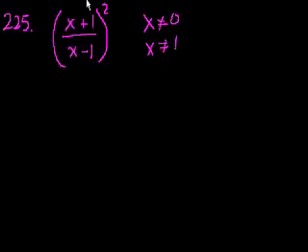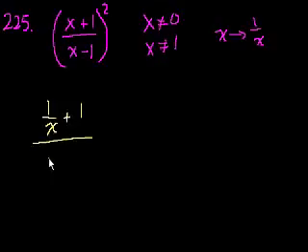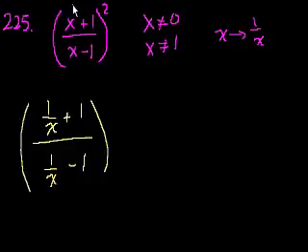And if x is replaced by 1 over x everywhere in the expression above, then the resulting expression is equivalent to, well, let's just do it. So we get 1 over x plus 1 over 1 over x minus 1, quantity squared.